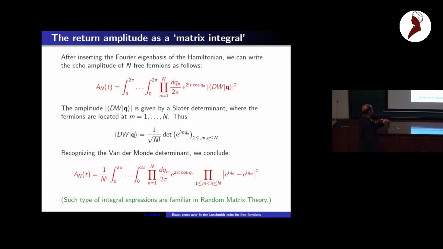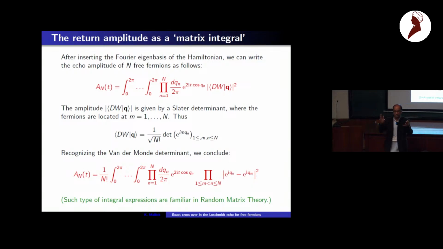Now, if you look more precisely at this matrix element, how the domain wall state 1 to n overlaps with Fourier modes, again we can invoke basic quantum mechanics. These are fermions, so you want to have antisymmetric wave functions.